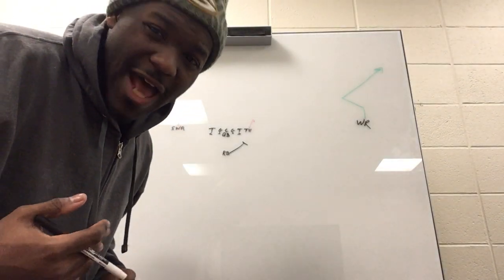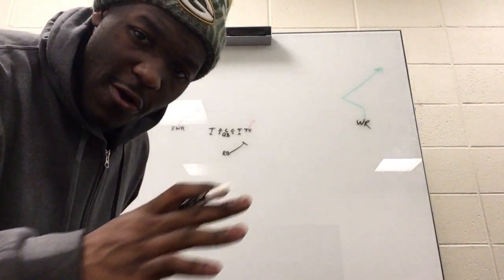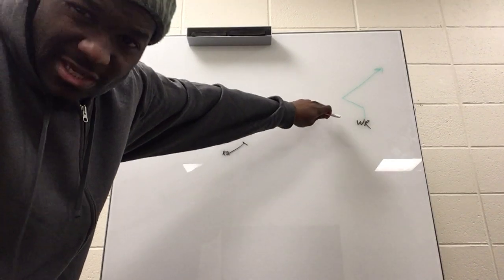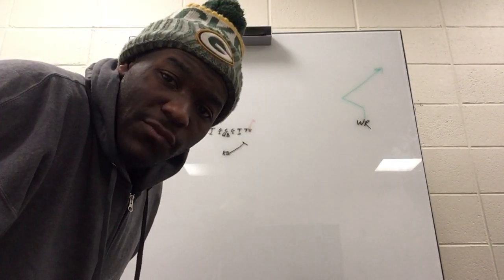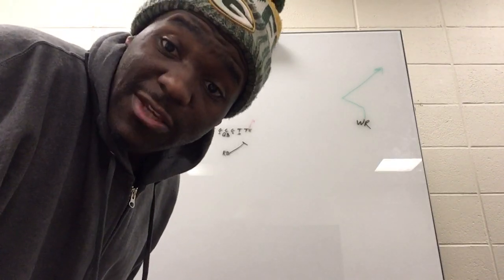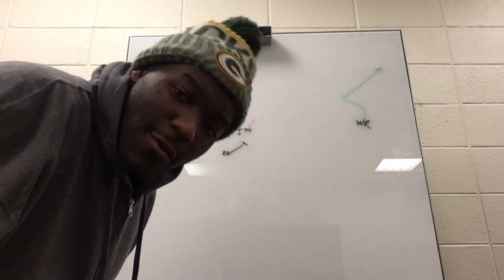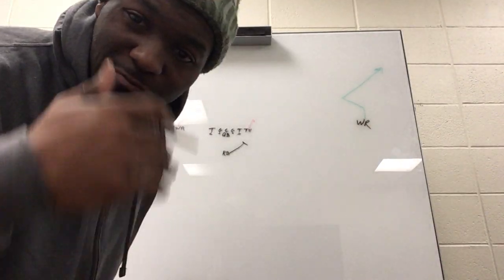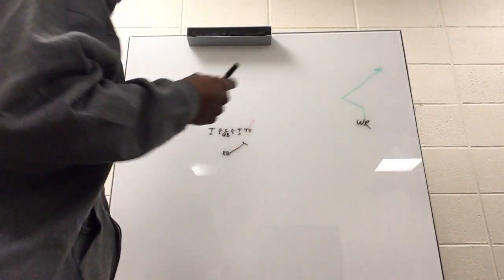But overall, you'd see this play being run if the offensive coordinator realizes that the defensive coordinator likes to call a lot of man coverage with their cornerbacks. Because this play is really designed to defeat man coverage.